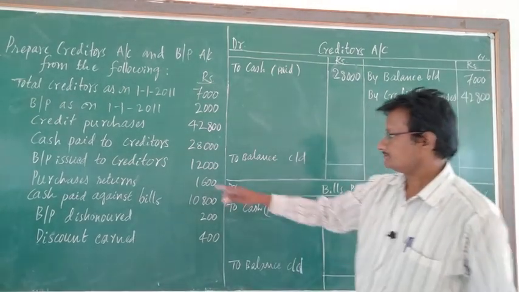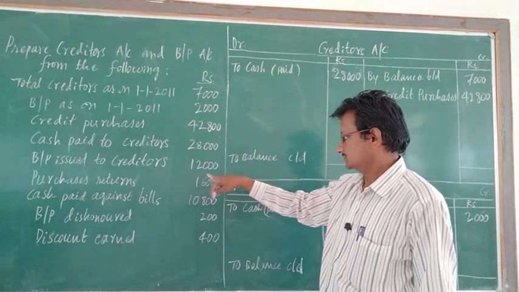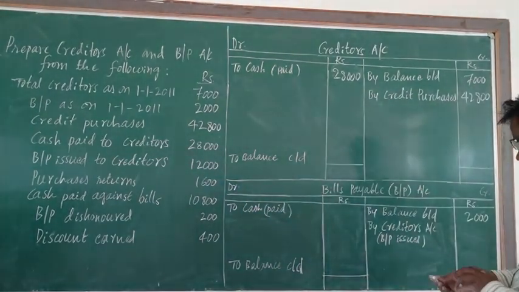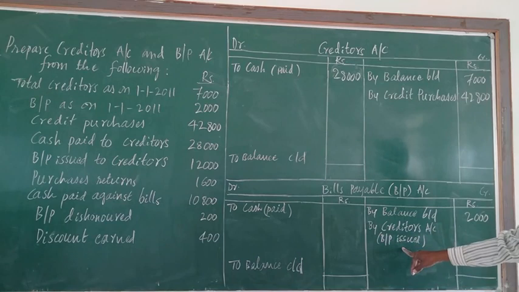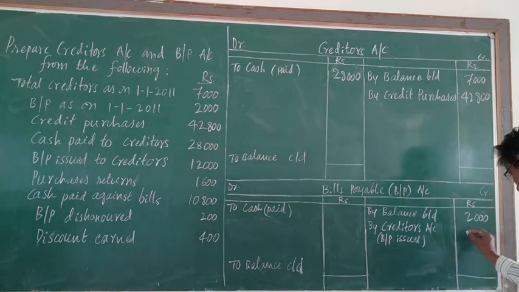Next, bills payable issued to creditors 12,000. So we have to make entry on the bills payable account as by creditors account. Bills payable issued, here it is 12,000, and we have to make contra entry for this transaction.